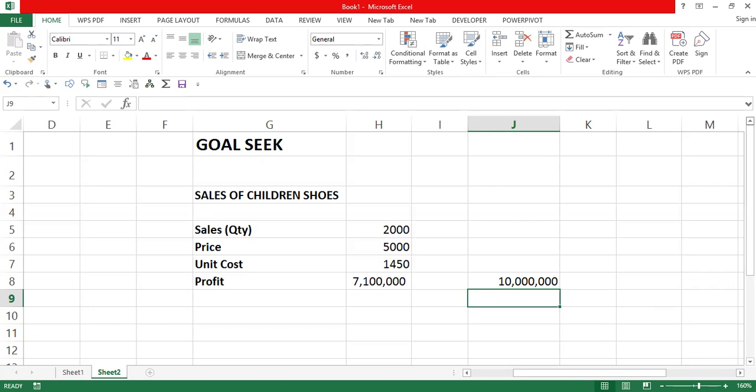So in this case, what do you think? Since the price is not fixed, we could just increase it a bit, like maybe sell everything for 5.2 or 5.3 to see if we can achieve that height.